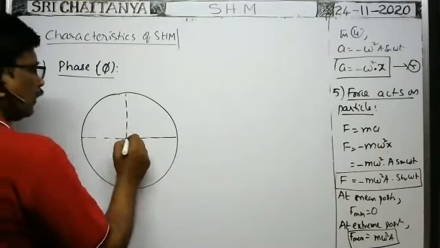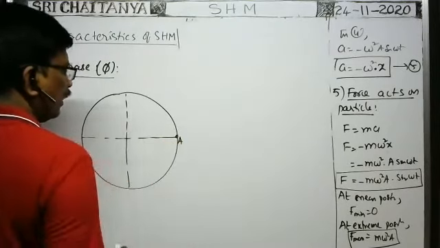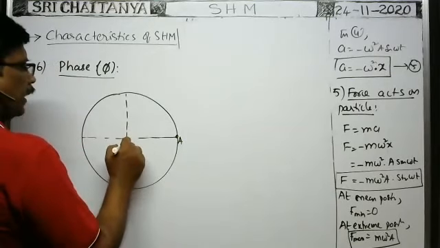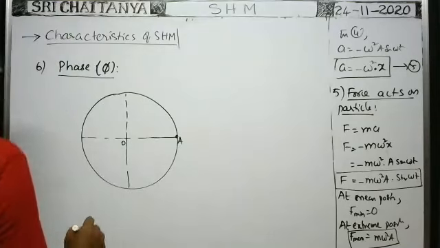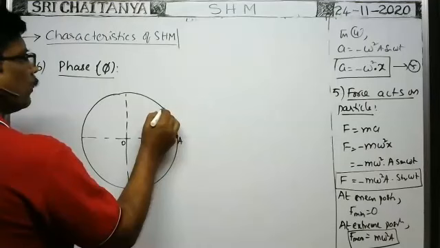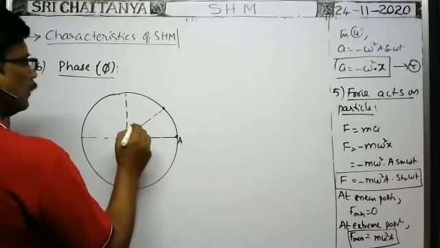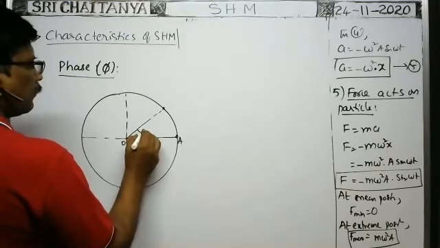Suppose the motion of the particle is considered from A. Then after some time, t seconds, whenever the particle reaches a point here, what is the angular displacement of the particle?